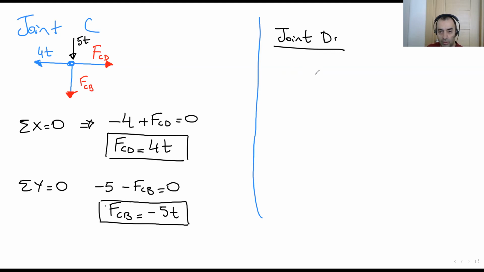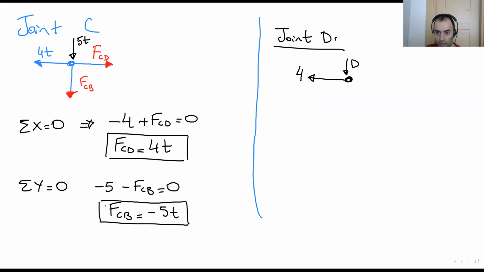Okay, let's do joint D here. Joint D is here, and at the top we have FCD. We know FCD, which is 4 ton, and there is an external loading here.